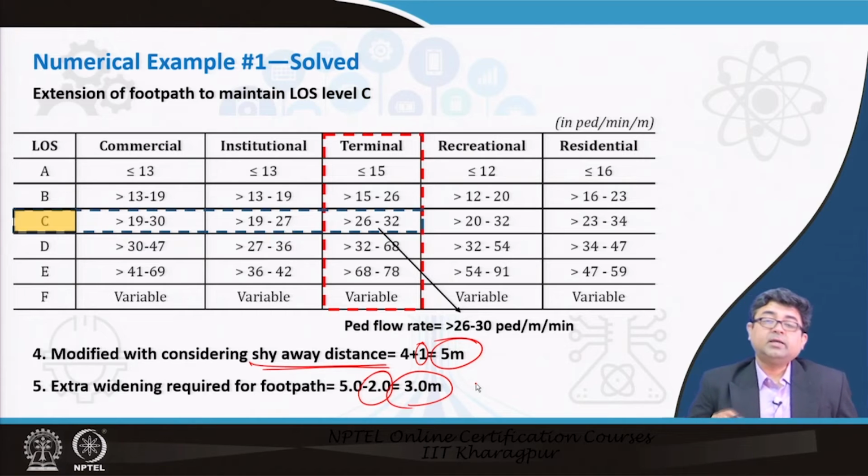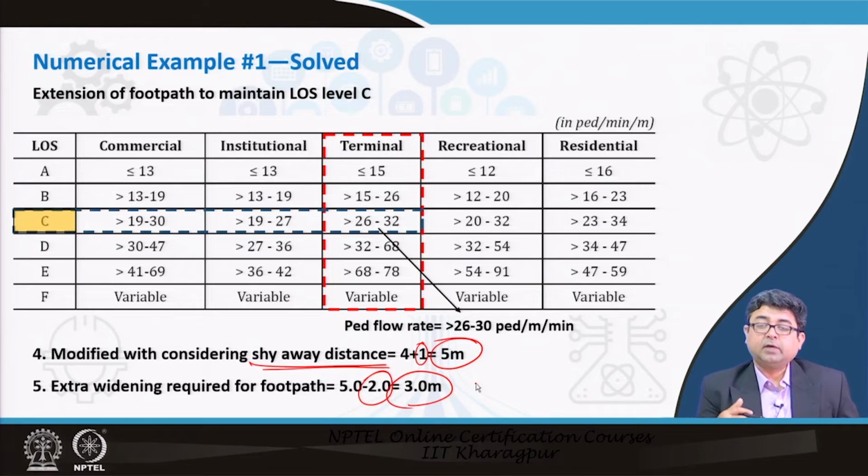So, this is a very easy way for you to understand the deficiency of your pedestrian infrastructure in your neighborhood, in any different types of land uses, and once you know the deficiency, you can then advise as to what can be done to overcome it.